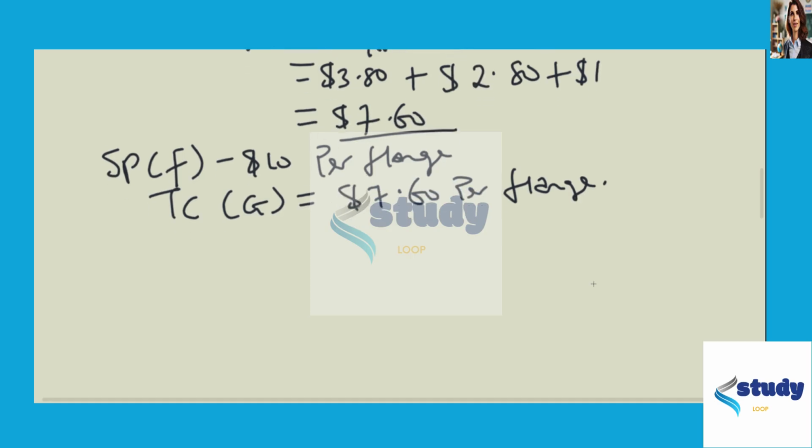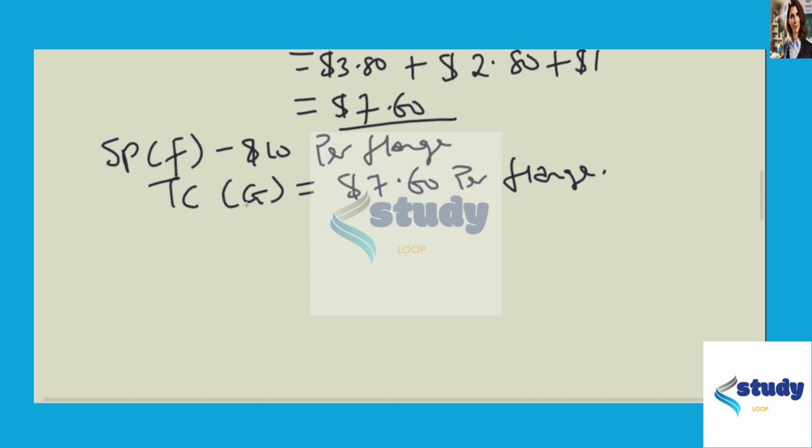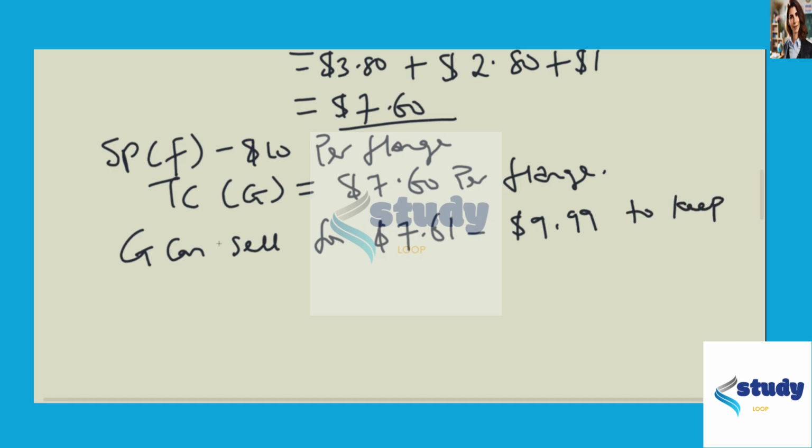Now company G can sell its flange for $7.61 to $9.99 to keep its selling price less than the selling price of company F and still make a profit.